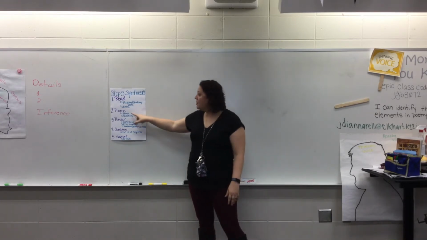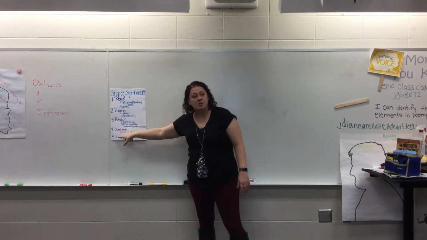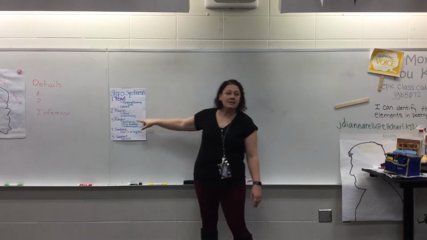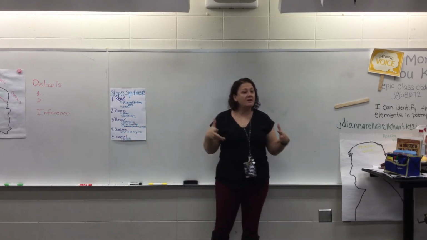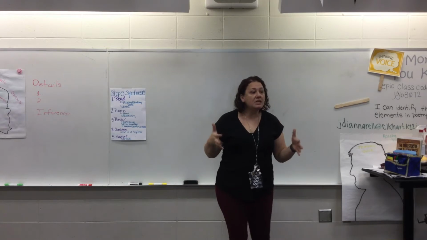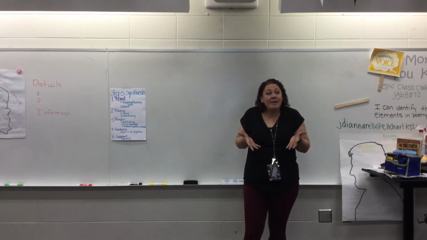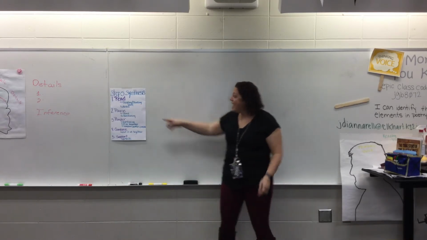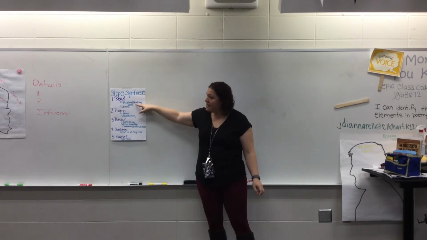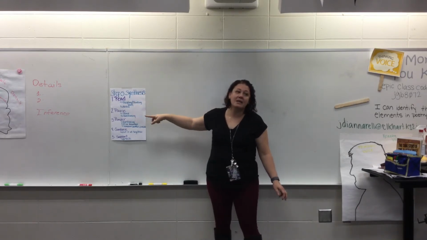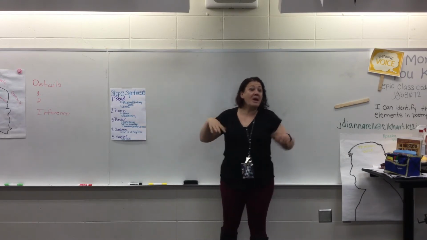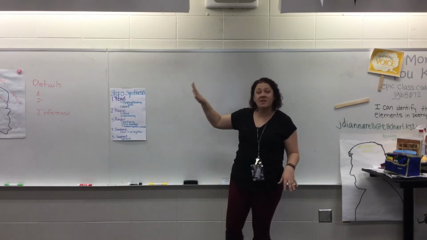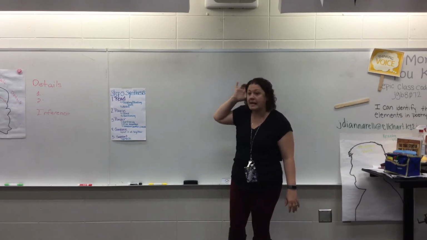And then we're going to put it all together to combine that so that we can really start making that inference. We really want to be able to make an inference. You cannot make an inference without being able to read, to think about what you've read, and to combine those steps. We're going to practice going through all these steps with a common text here in a second.